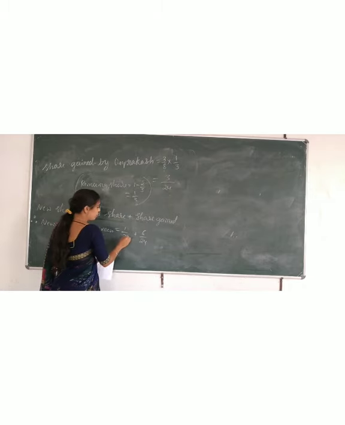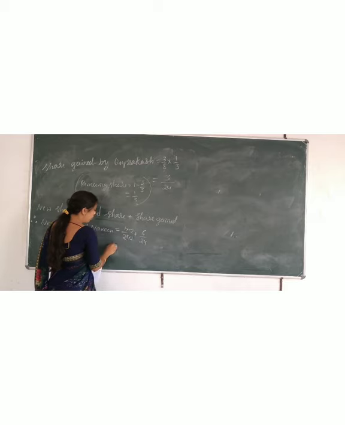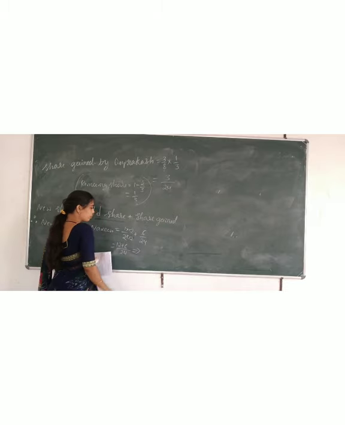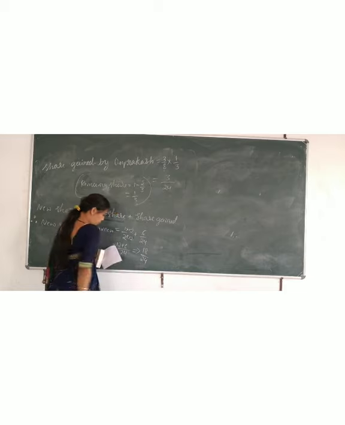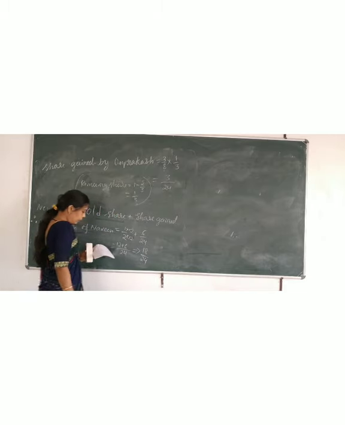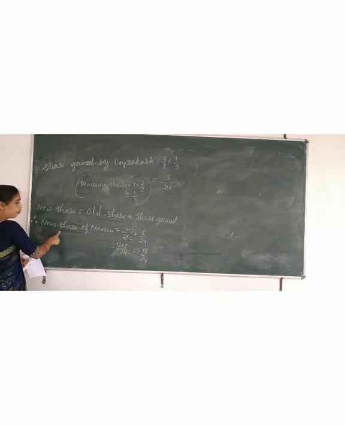We need to equalize this one: 24, 2 into 12 is 24. That's why we are multiplying 12 with the numerator and denominator. 12 2s are 24, 12 1s are 12, plus 6, that is equal to 18 divided by 24. This is the new share of Naveen.